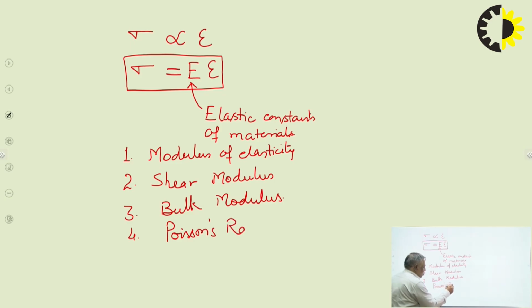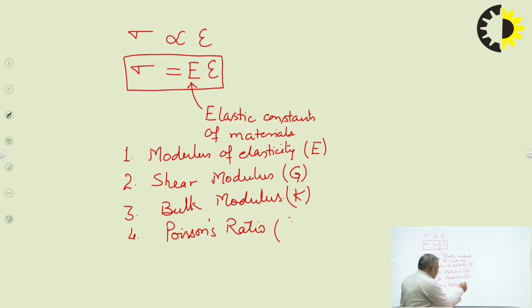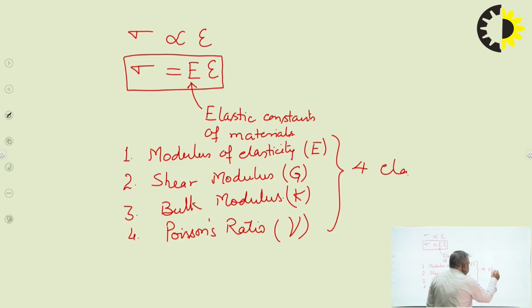We generally use these letters to signify them: modulus of elasticity is capital E, shear modulus is capital G, bulk modulus is capital K, and Poisson's ratio is mu. These are the four elastic constants for any material.